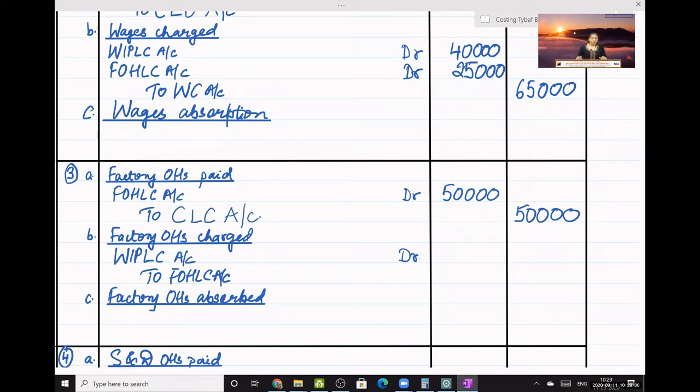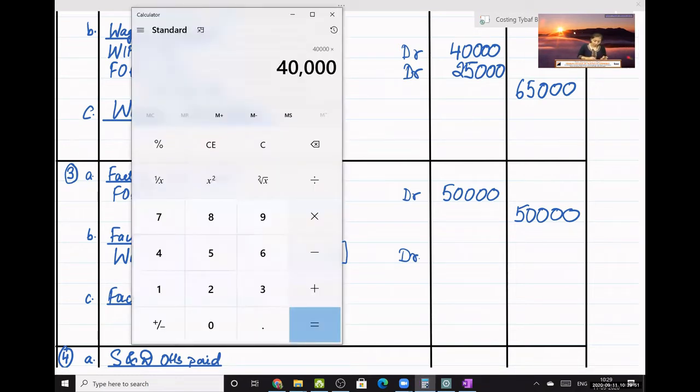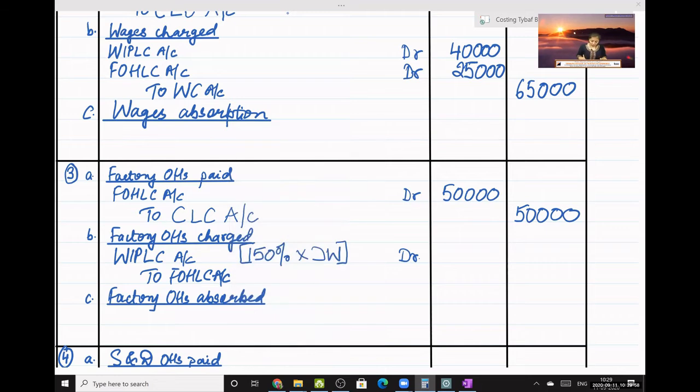Next, factory overheads charged. कितना charge करने बोला है? 150%. 150% of what? Of only direct wages. Direct wages कितना है? 40,000. Okay. So 40,000 का 150%. Answer is 60,000. Right here, 60,000. Okay.